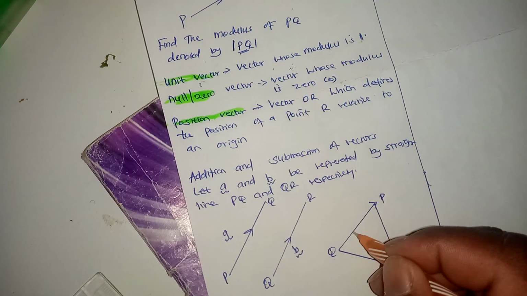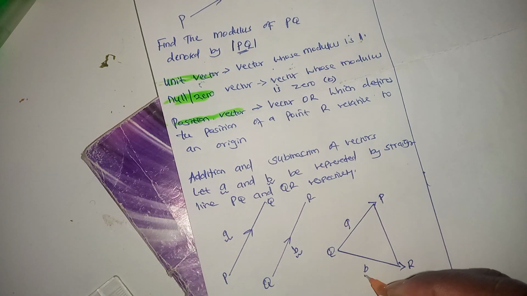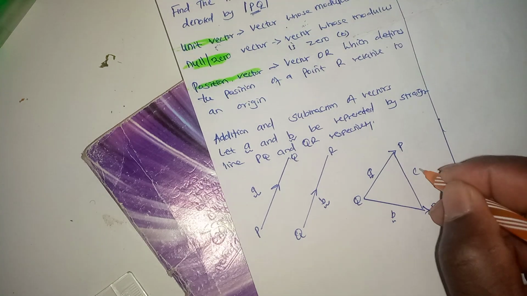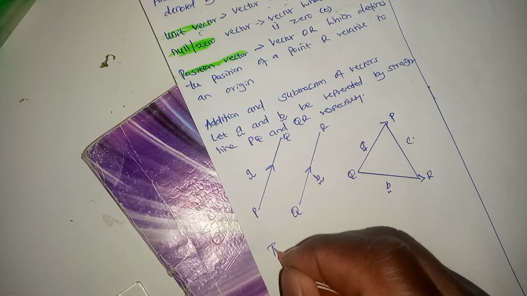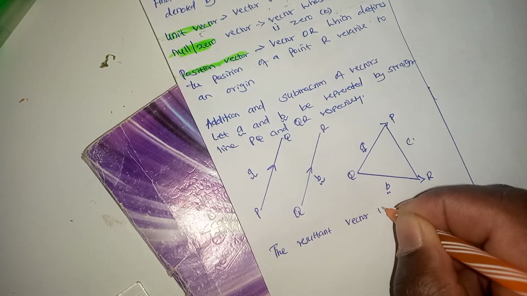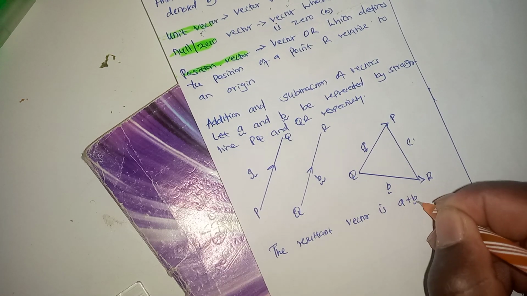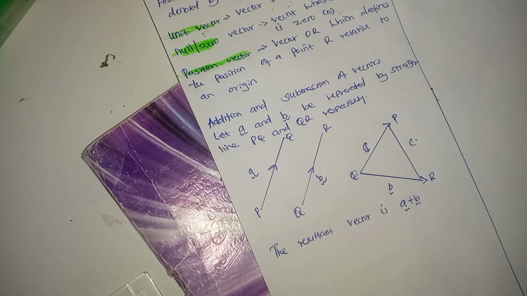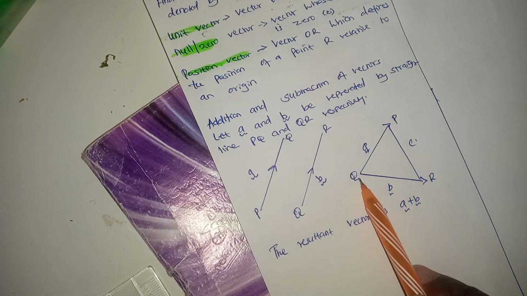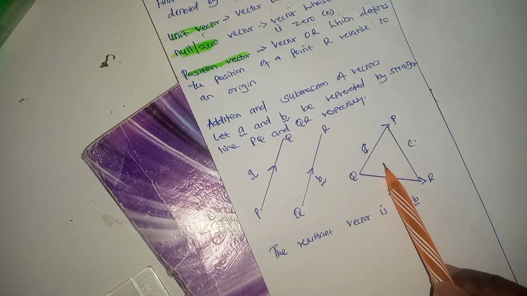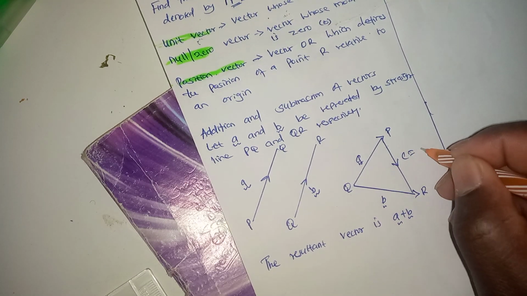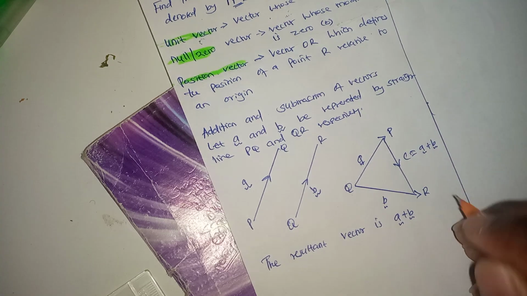This is A and this is B. Now let's call the resultant C. So the resultant vector is A plus B, that is vector A plus vector B. Note that this is Q, this is R and this is P. So C is equal to vector A plus vector B.